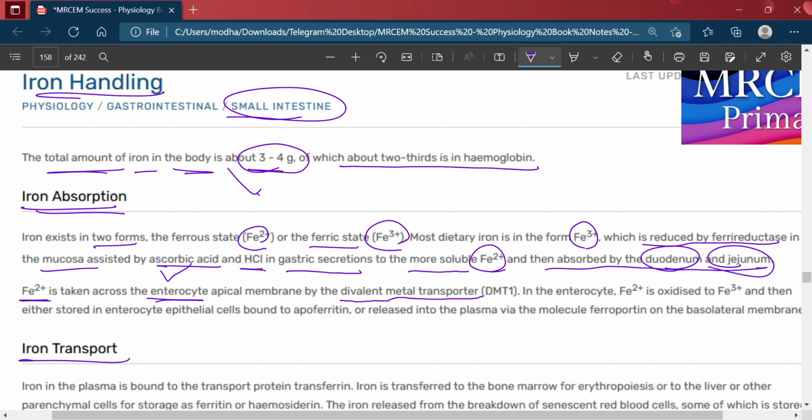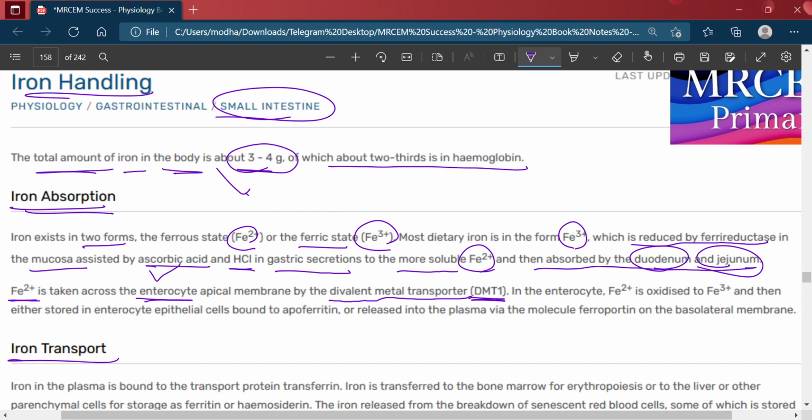In the enterocyte, Fe2+ is oxidized to Fe3+, ferrous is oxidized to ferric, and then it is either stored in the enterocyte epithelial cells bound to apoferritin, or released into the plasma via the molecule ferroportin on the basolateral membrane.